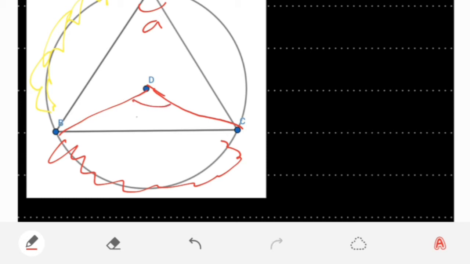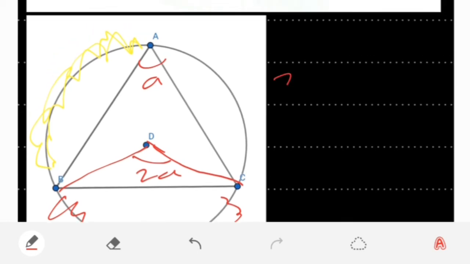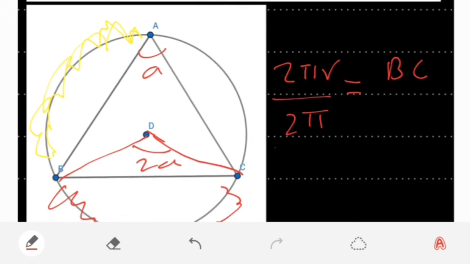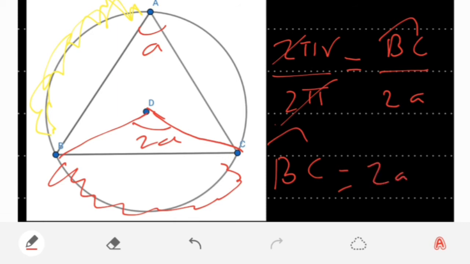So this is 2A. Now we have the same relation. 2πR, the whole circumference, divided by 2π, the angle that makes the whole circumference, is equal to BC, just the red arc, divided by the angle that makes this red arc. So we will have that the arc BC is equal to, now this is cancelling, so 2AR.